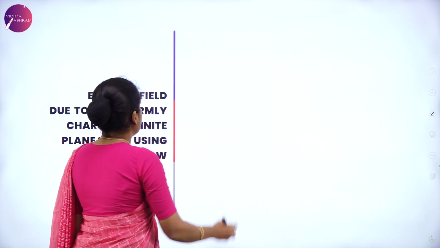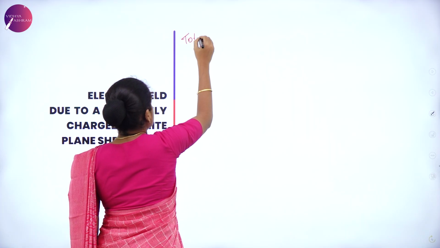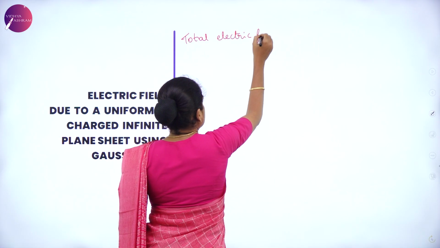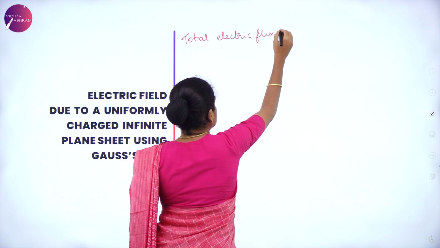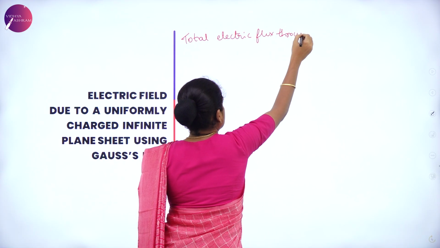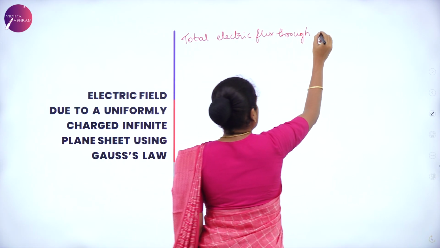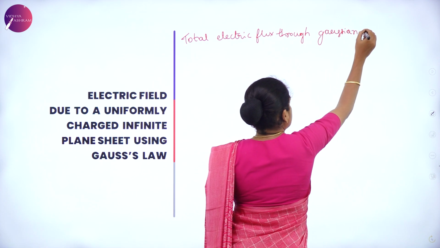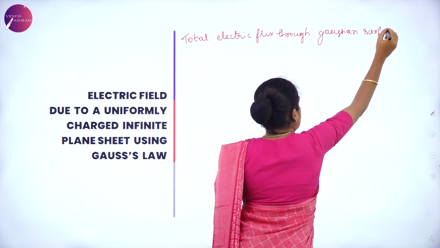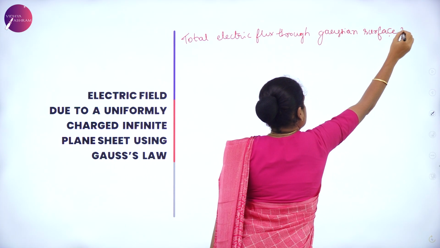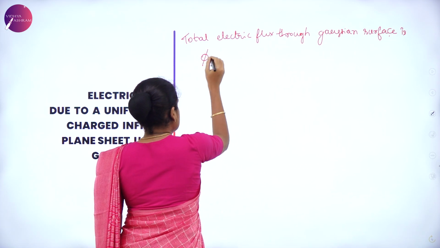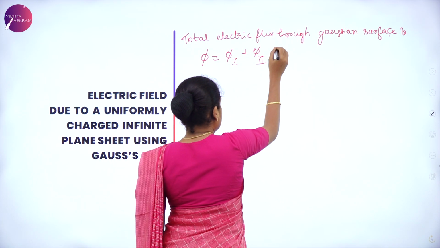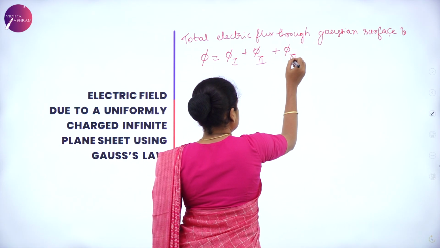Now, what is the total electric flux through the Gaussian surface? Total electric flux through the Gaussian surface is phi, which is equal to phi 1 plus phi 2 plus phi 3.